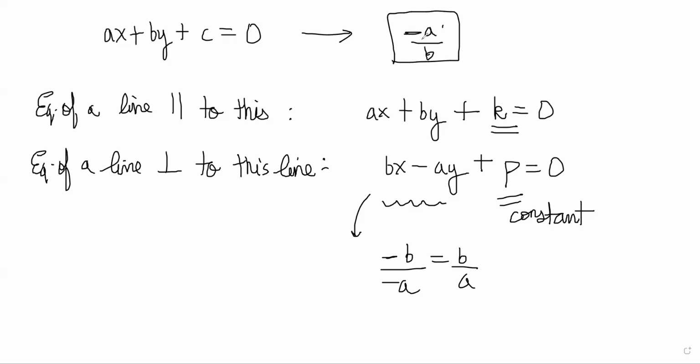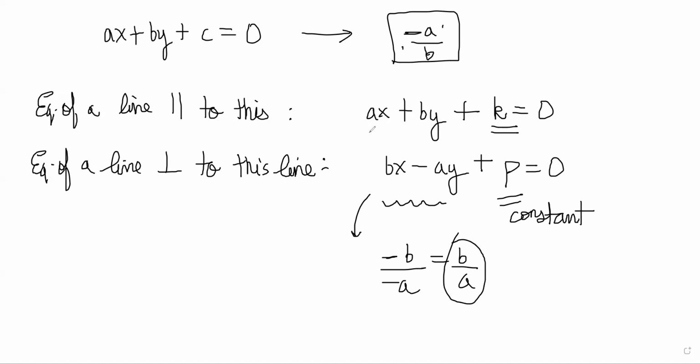So you can see that minus a by b and b by a, when you multiply, you get minus 1. So definitely these two lines are perpendicular to each other. So given a line equation, writing a line which is parallel or perpendicular to it is pretty easy. And we have just seen how to do that, right?